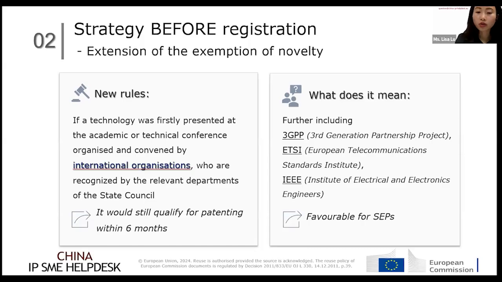For those SEP proposals submitted in certain conferences, including 3GPP, ETSI and also IEEE, conferences organized and convened by these international organizations, it's still possible to file your patent application within 6 months without losing novelty.